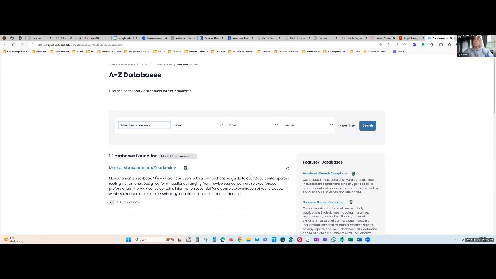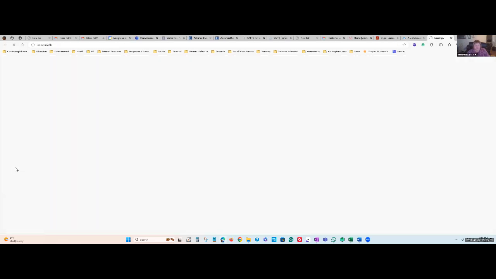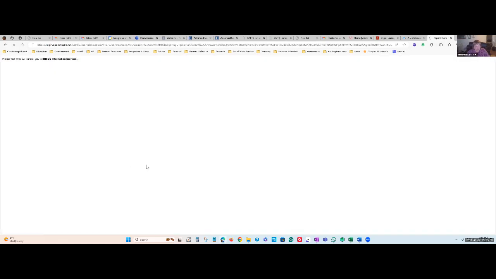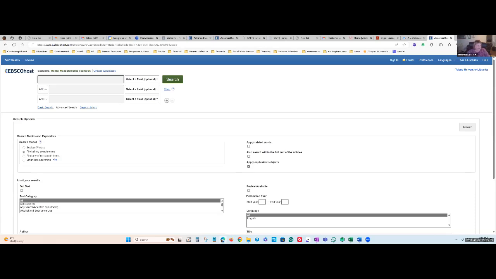My computer's just being really slow. Okay, so we went to A-Z databases. I typed in mental measurements, and that brought up the Mental Measurements Yearbook. I click on that, and it shows me the, well, of course, you're going to ask me for my credentials again. So it brings up the EBSCOhost search bar.